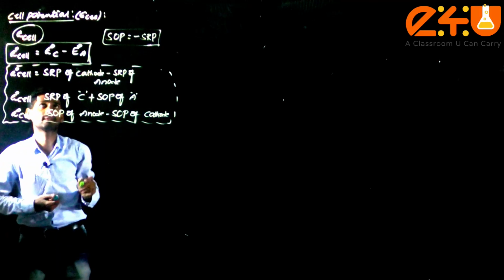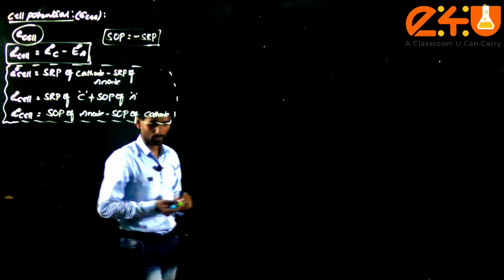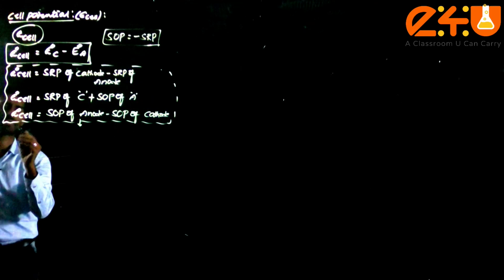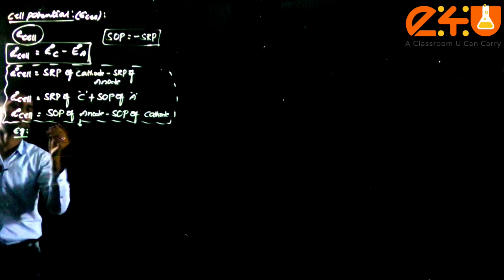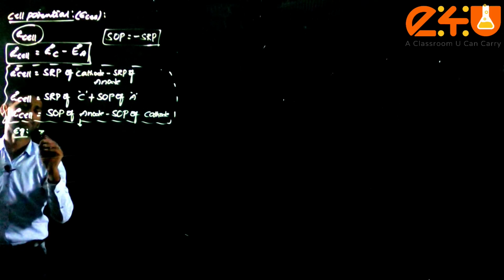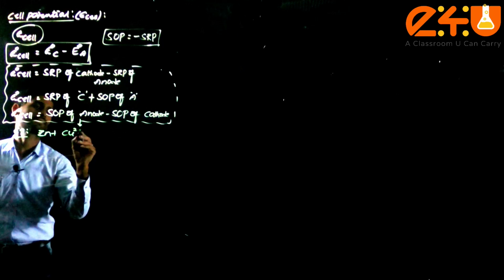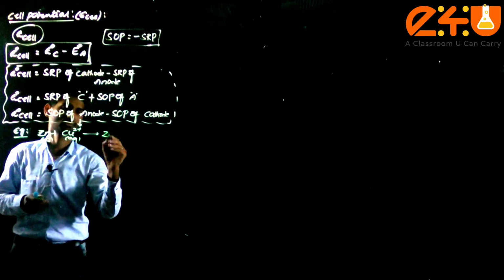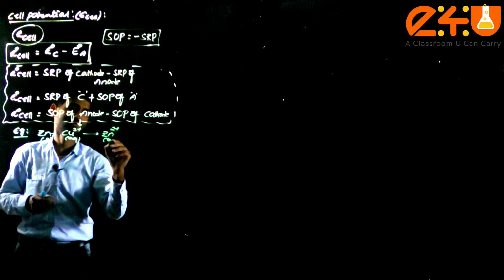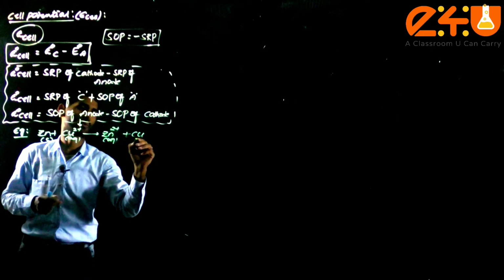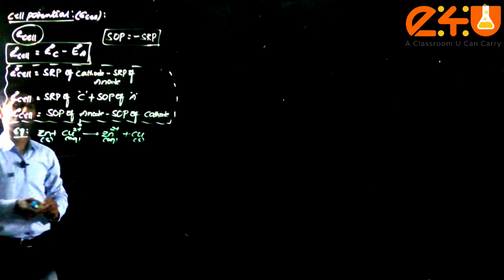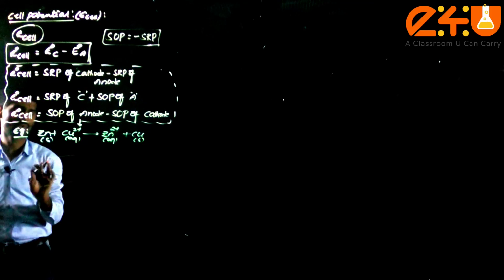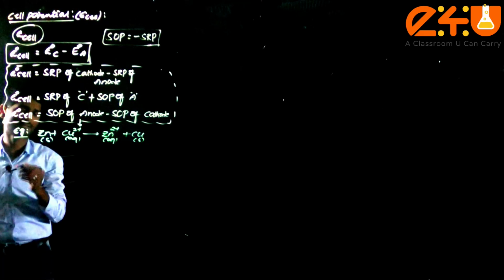Now this is called cell potential. Now let us take a different example. Zn solid plus Cu2 plus aqueous gives rise to Zn2 plus aqueous plus Cu solid. E naught cell is E cathode minus E anode.